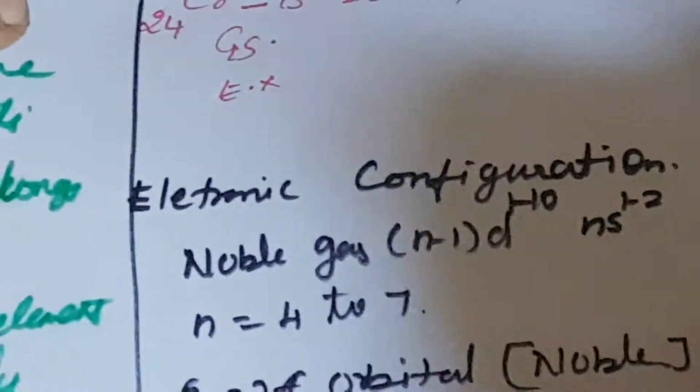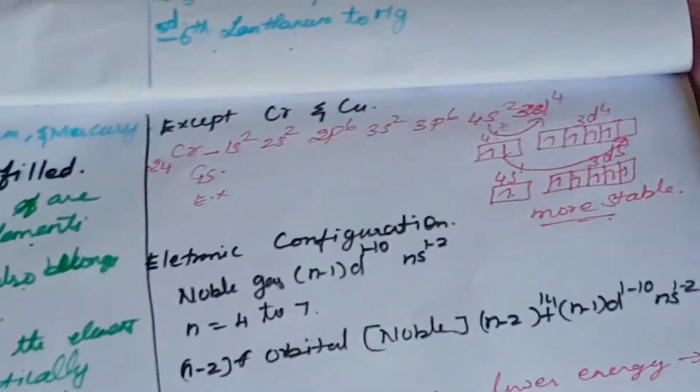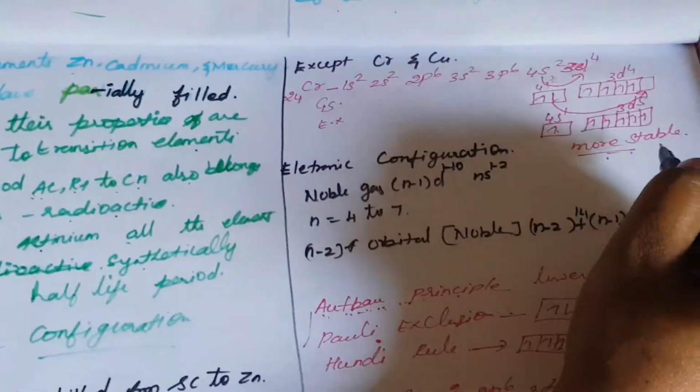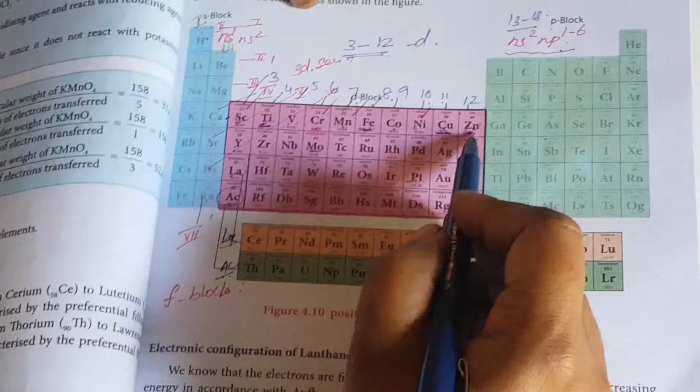That is the reason chromium is an exception in the arrangement from scandium to zinc.